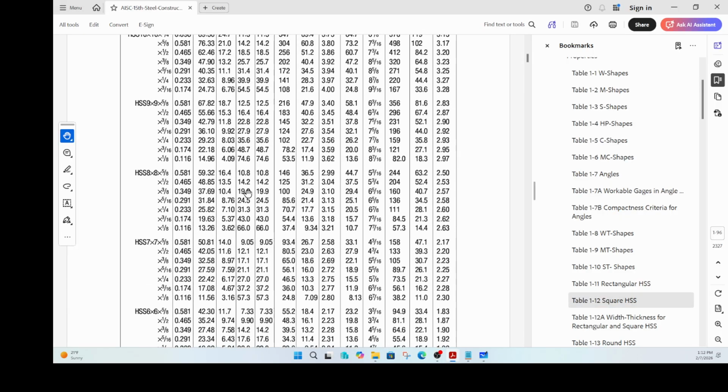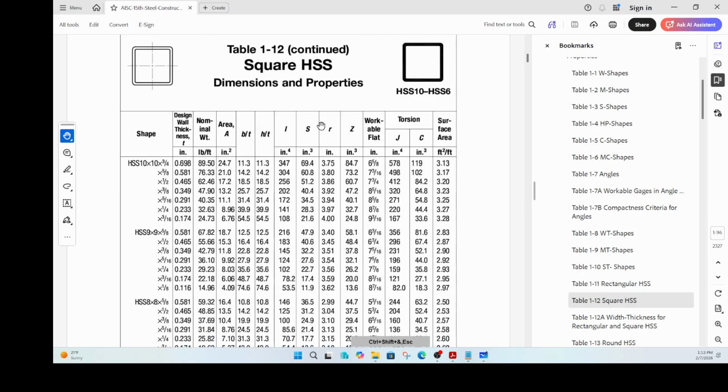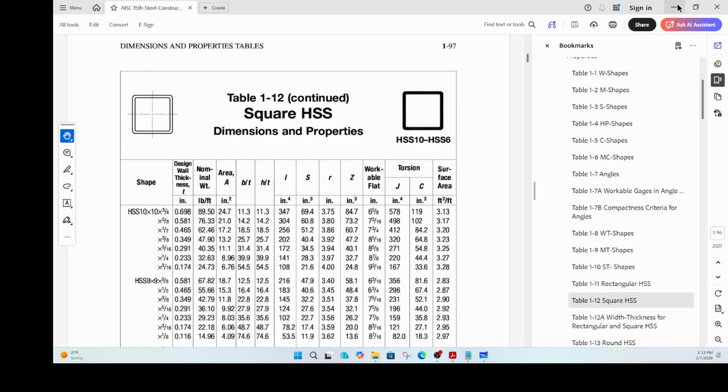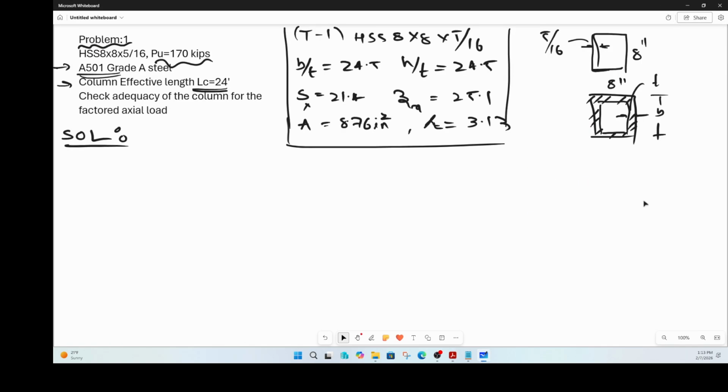I think we have a 5/16, so you'll have to pick up information from this particular row here. Again, this is table 1-12.